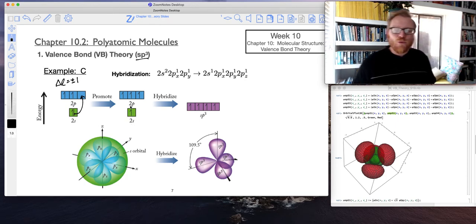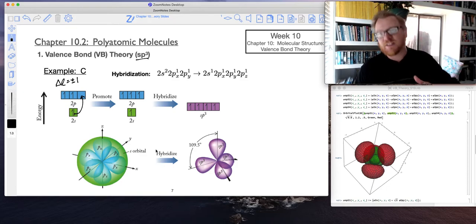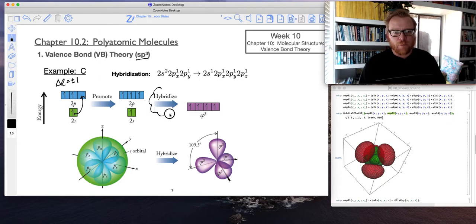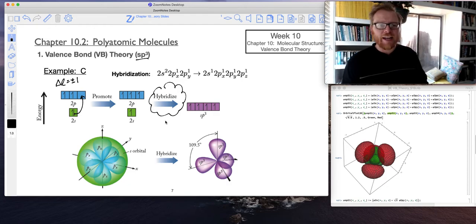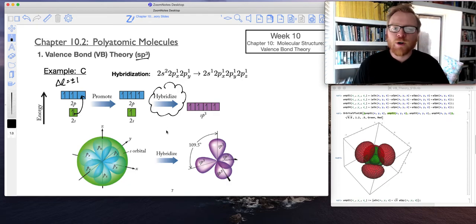But again, it's not really like an excited state, like pumping energy into something and watching it promote to an excited state, okay? What this truly is, is what we call hybridizing. And I'll get into what that more specifically means, okay?